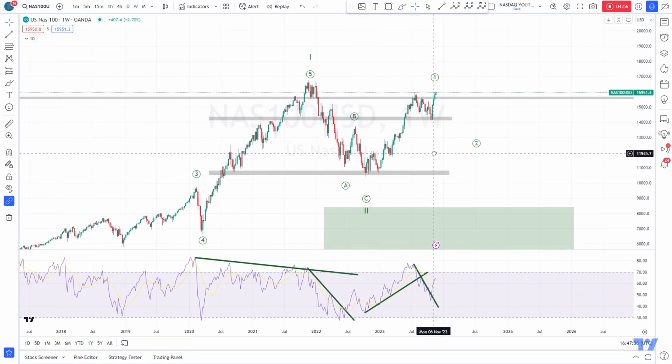For now this impulse looks perfect, what we should expect from an impulse. We have 5 waves, 1, 2, 3, 4. We're working on the fifth one.